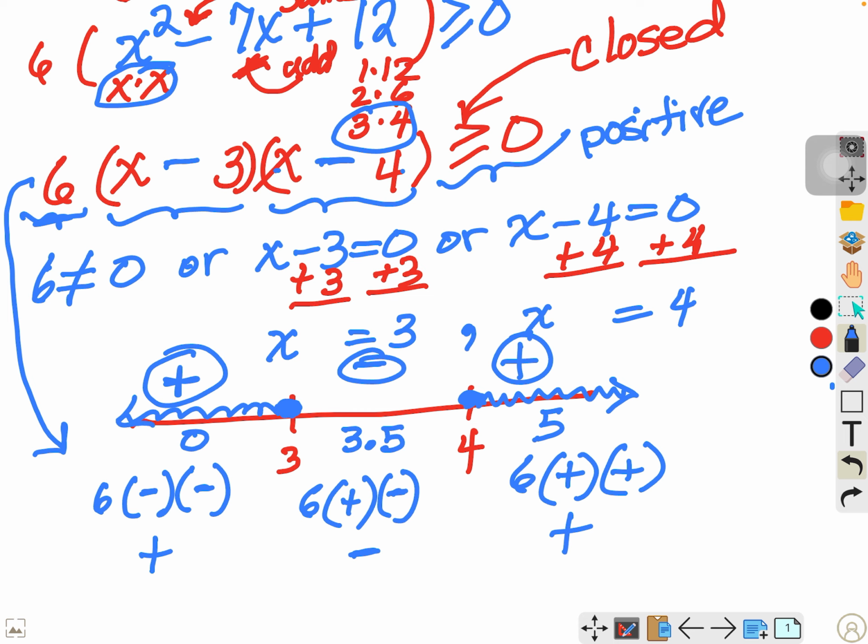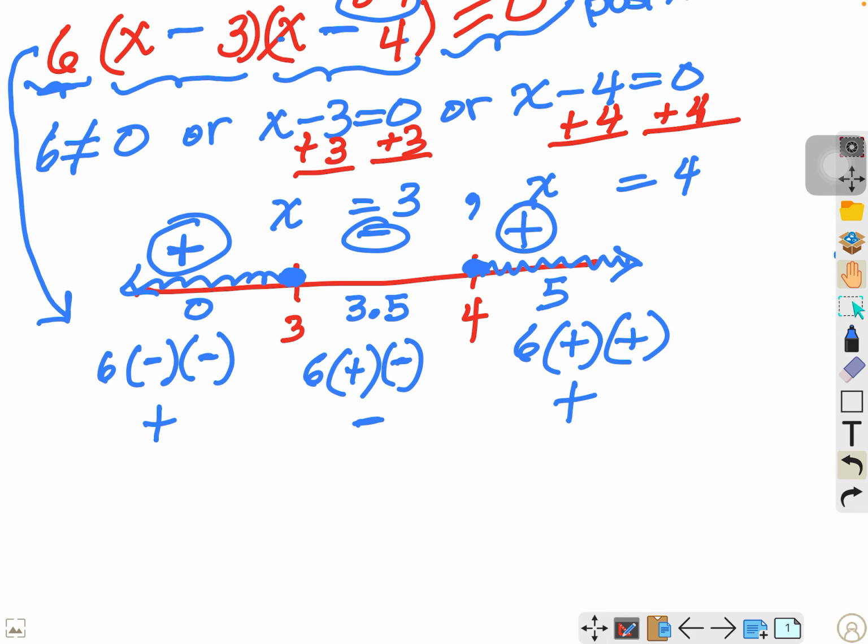And if we write that in interval notation, that looks like this. From negative infinity up to positive 3, united with this other interval.